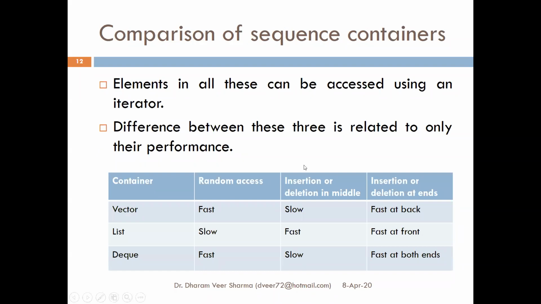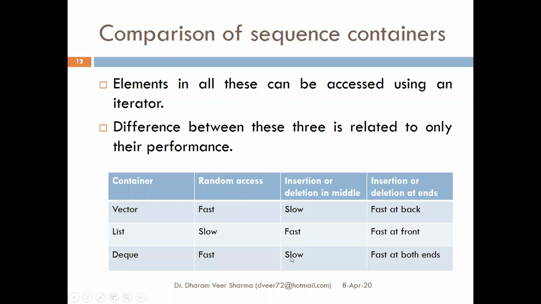So what are the basic differences between these three? When you want to implement random access, vectors are very fast. Lists are slow because we will have to traverse the different elements. DQs are again very fast. If you want to do any kind of insertion in the middle, then vectors are slow because shifting will be required. Linked list is fast because no shifting is required.